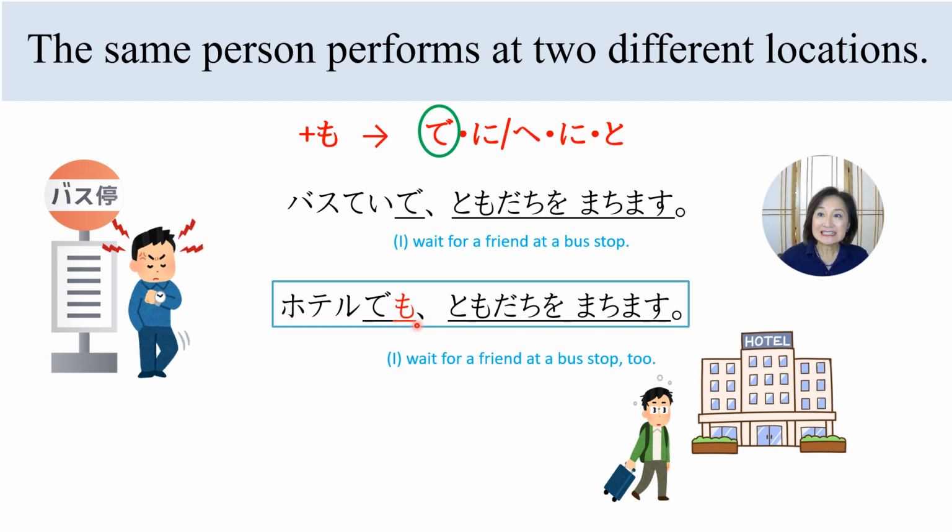This creates a double particle でも to show that you perform the same activity in a different location.